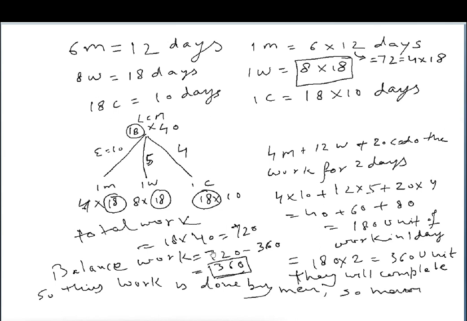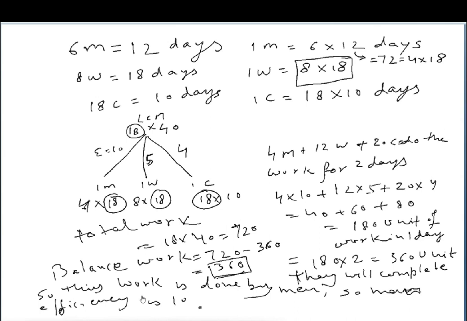So the men's efficiency is 10, and the units of work are 360. And if it is to be completed in one day, then 360 upon one day, the efficiency should be 360, but one man has only the efficiency of 10.